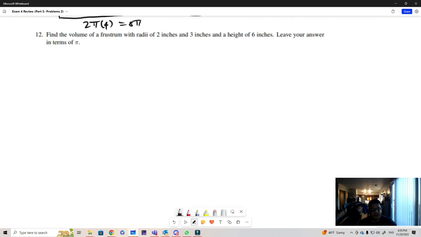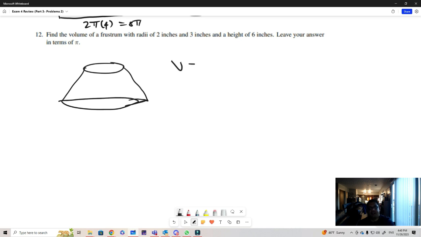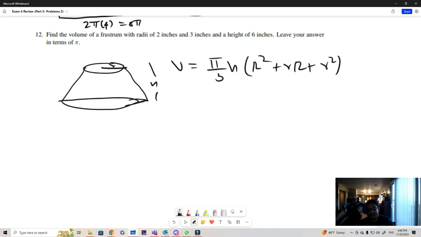Now, number 12, we want to find the volume of a frustum. Again, remember the volume of the frustum, of a figure like this, is pi over 3 times the height, and then it has the two radii, where this is the small radius and this is the big radius. Here we have the two radii, 2 and 3 inches, and we have a height of 6.